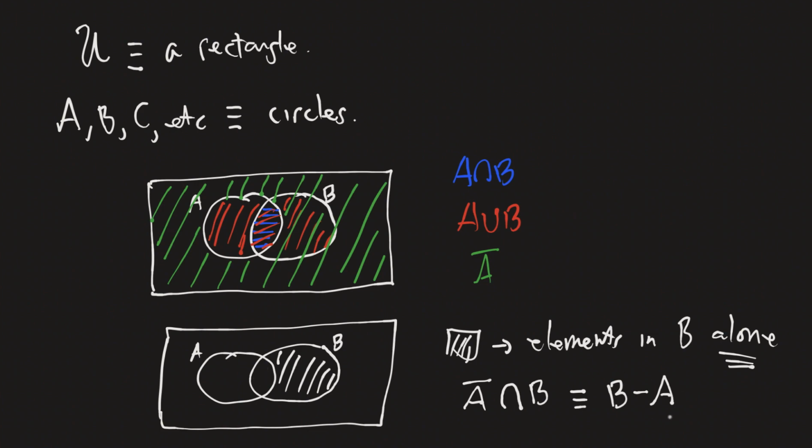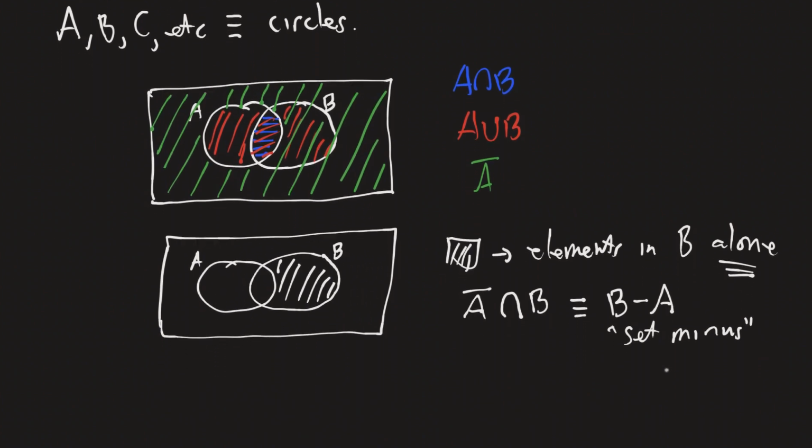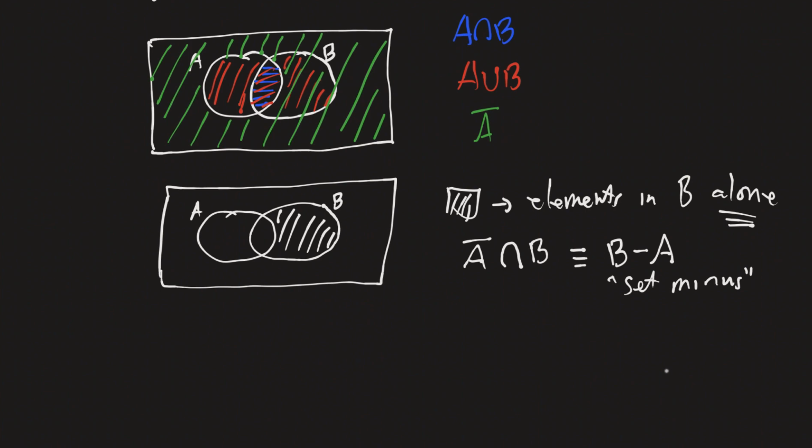And this operation here is sometimes referred to as the set minus. But you can't think of it in terms of numbers. You have to think of it in terms of elements. So you start with everything that's in B, and then you take away those elements that are also in A, right?